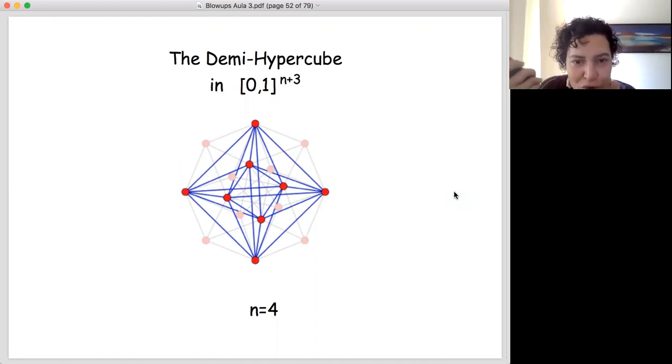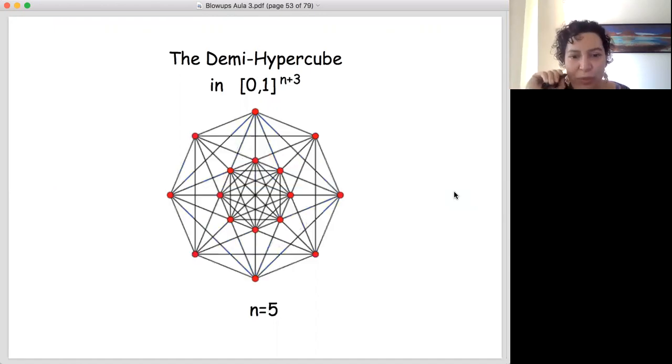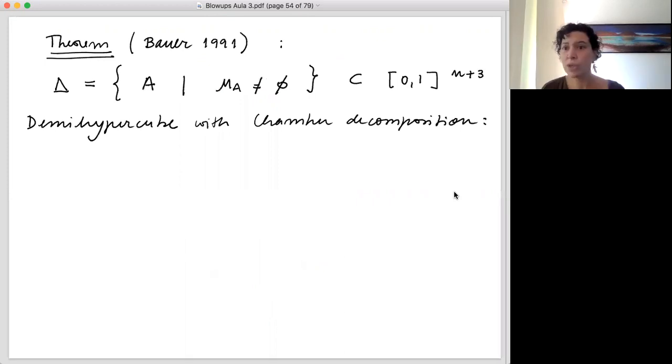And then you can even try to get a picture of what would be the case n equals 5. Again, this is from Wikipedia. It's a bit hard to visualize what this means, but anyway, there are ways of trying to look at this hypercube. So the important thing that I want to point out is that this is a very symmetric polytope, and this has been very much studied by people from combinatorics.